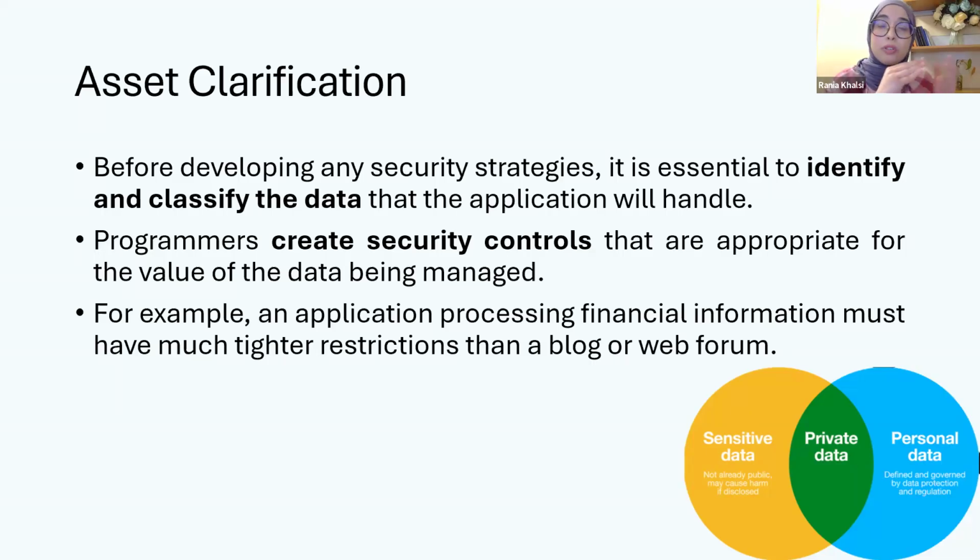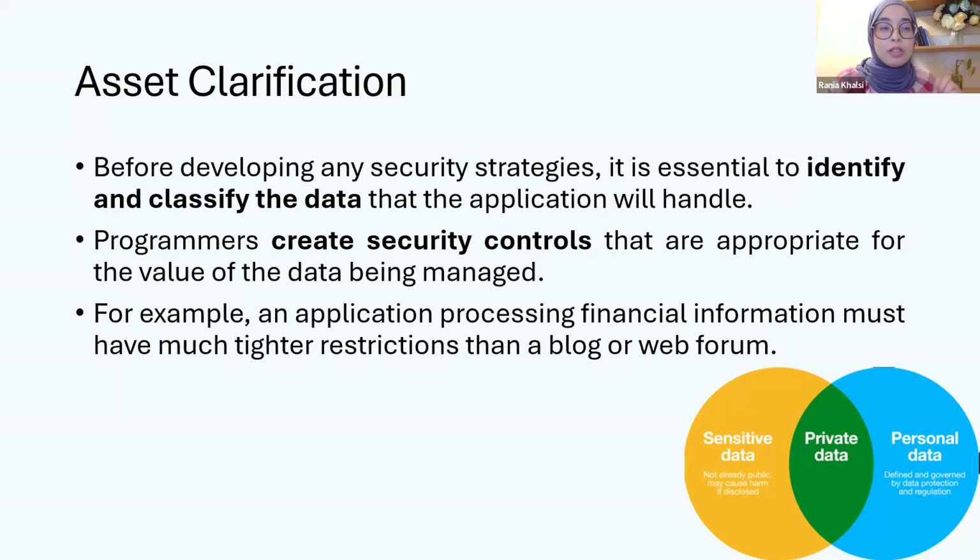In the opposite case, they treat all the data as if it's extremely sensitive, and they over-secure. That's okay in the case of a bank, but imagine over-securing a simple blog or web forum. This is the contradiction, and asset classification helps us from the start to avoid both.